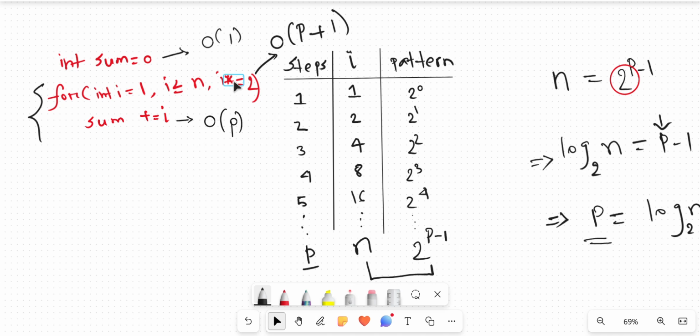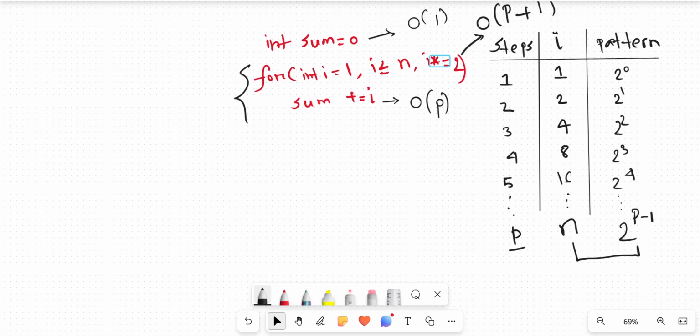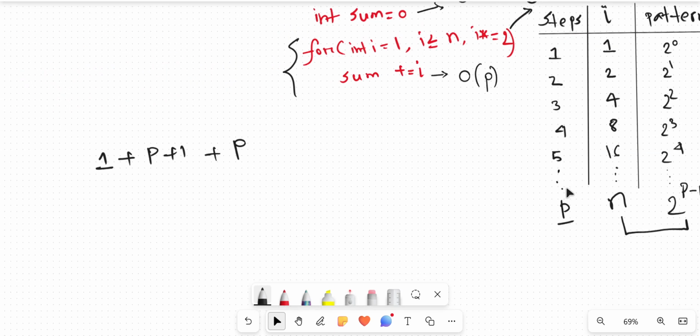So as you can see, the total time of this code is order of 1. If I write it like this, it's like 1 time plus it executed p plus 1 times and it executed p times. So what was my value of p? My value of p was 2 base log n plus 1.